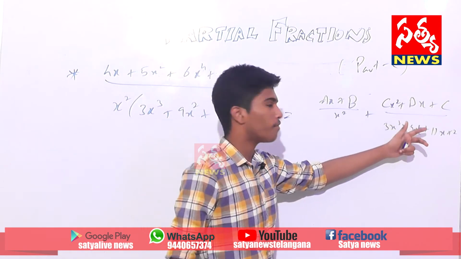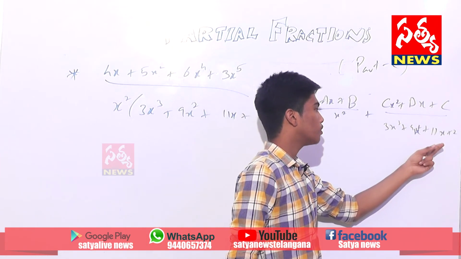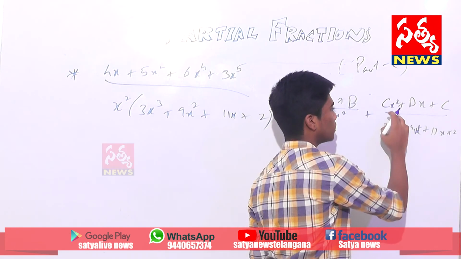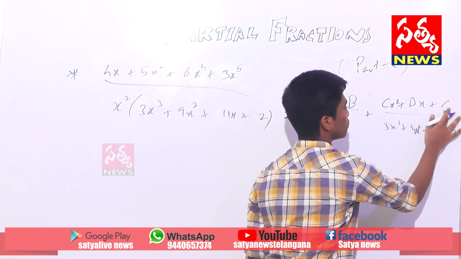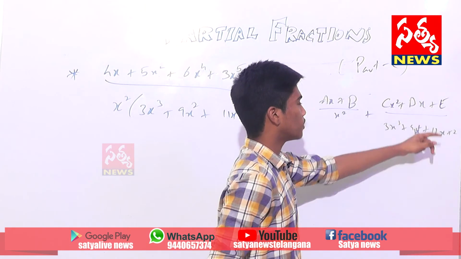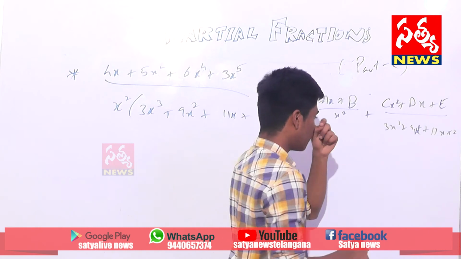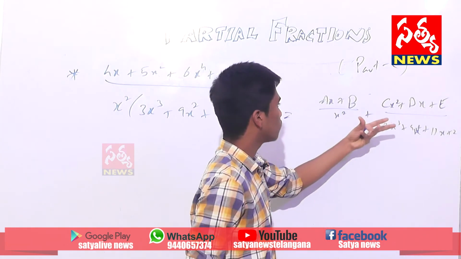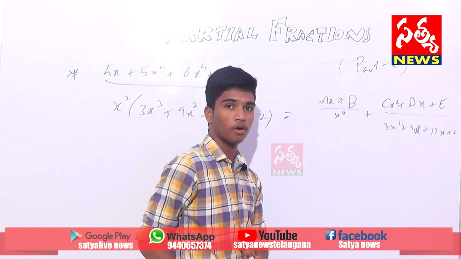This is the condition we have to remember. If at all the cubic equation is there, we have to take the numerator as cx square plus dx plus e. That means we will get totally 5 constants. We have to find 5 constants here.